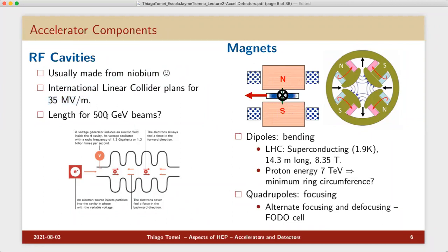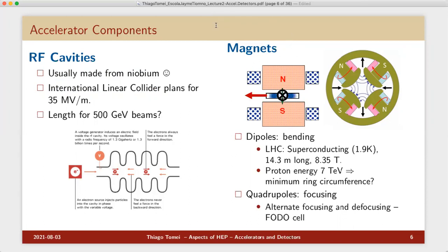And if you make the calculation that, oh, I wanted to accelerate my electrons to, let's say, 500 GeV, you can divide one thing by the other and see that this International Linear Collider will actually have to be a line of a few kilometers. I'll let you do the calculation. I won't do it.